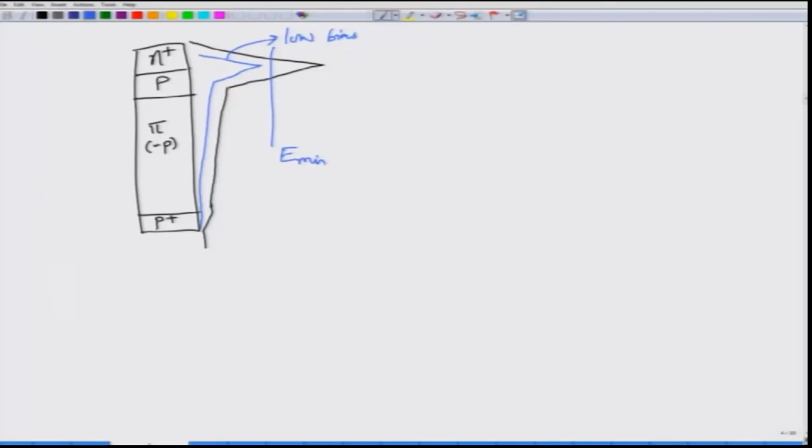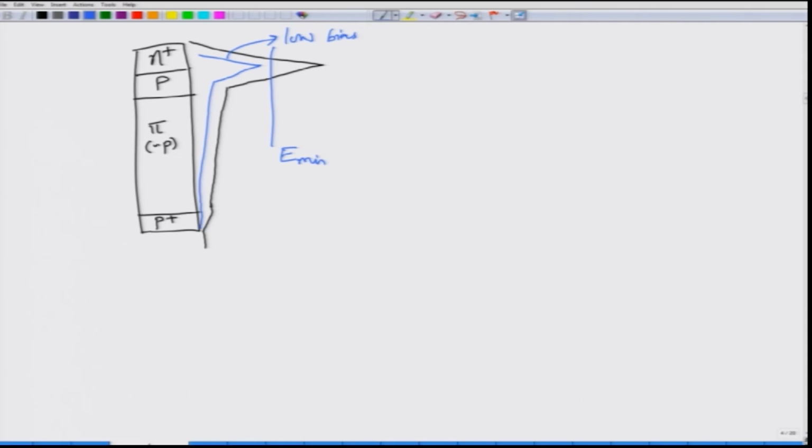Unfortunately, for this situation you will not really get the effect of the multiplication layer, because you need a certain amount of E minimum in order for the impact ionization to occur, because the electric field carries a certain amount of energy, half epsilon E square is the energy that is carried typically. So unless that energy is greater than the lattice energy of the material, it will not be able to kick the lattice atoms in the multiplication region in order to release the secondary EHPs.